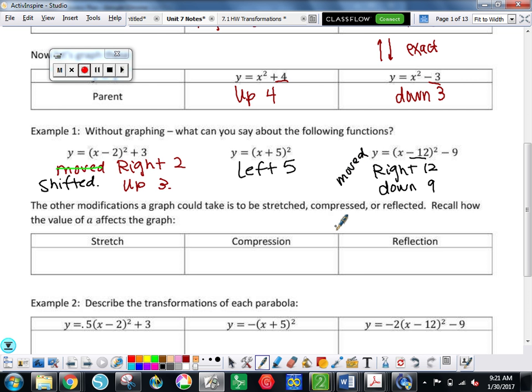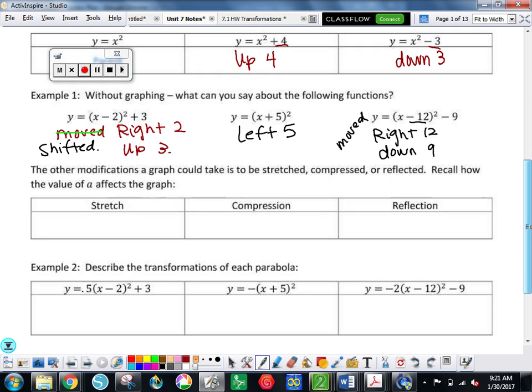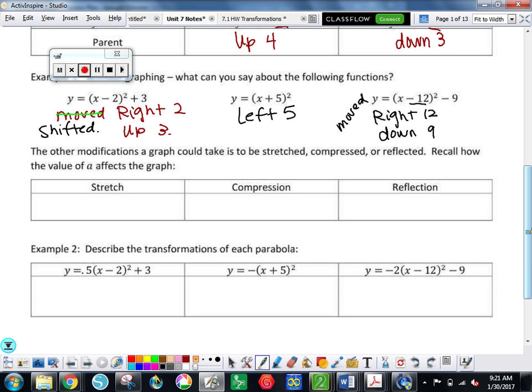Okay, cool. What about this next section? These are words that we used last unit. Stretch, compress, reflection. All of these are dealing with the A value. If it has been stretched, that means what with regards to A? Okay, so stretch, A has to be greater than 1. Good.